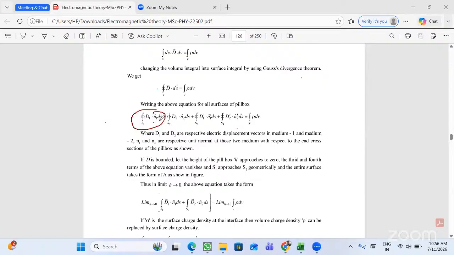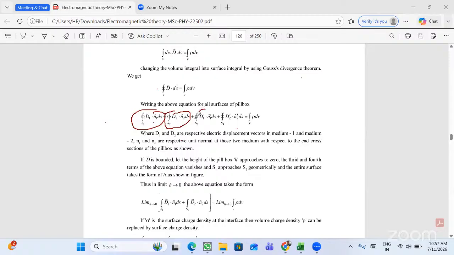These N1, N2, N1 dash, whichever we use, are nothing but the unit normal vectors. So at surface one, it is the surface integral over S1 of D1 dot N1 cap. Similarly, surface 2 is present entirely in medium 2, where D2 is the displacement vector.